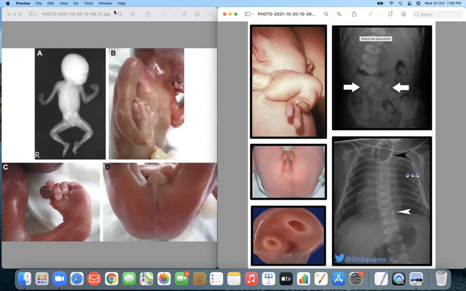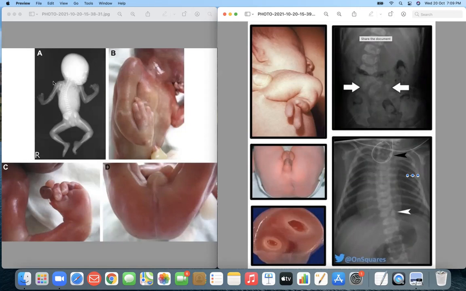There were no limb problems and no tracheoesophageal fistula. I told them that at least an echo should be done, and maybe an MRI of the spine. They said they will do it and follow up.